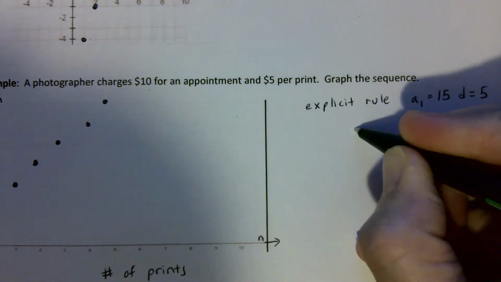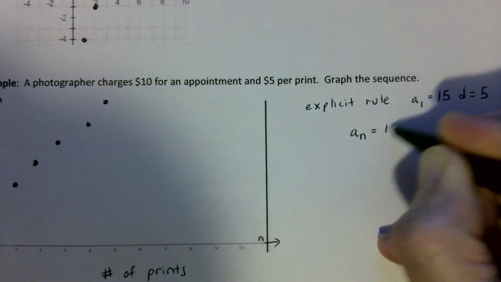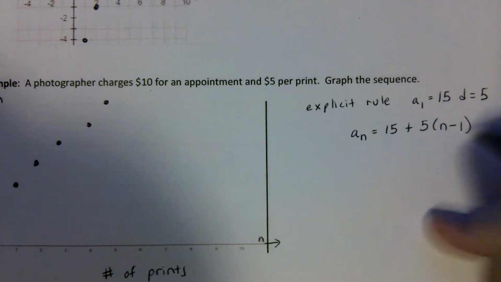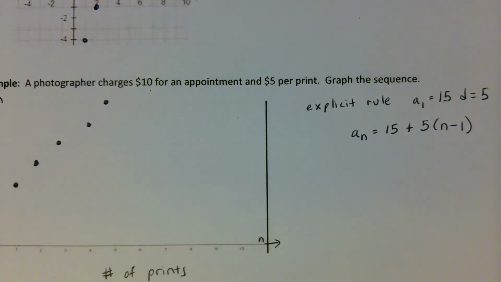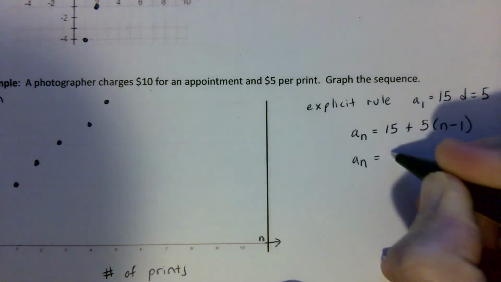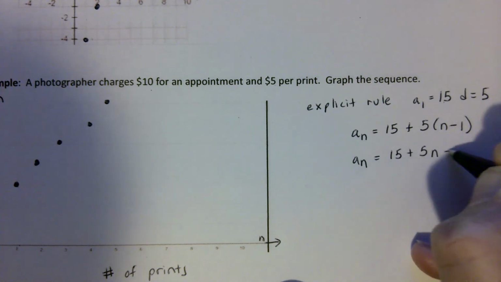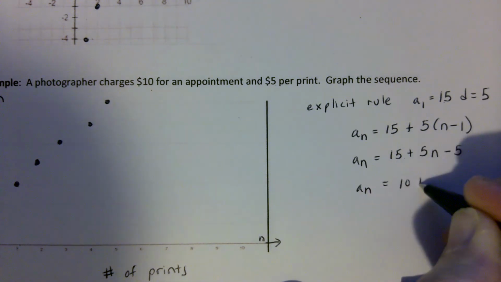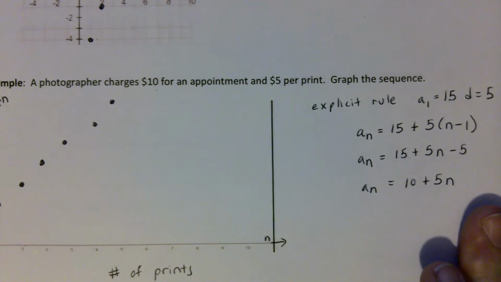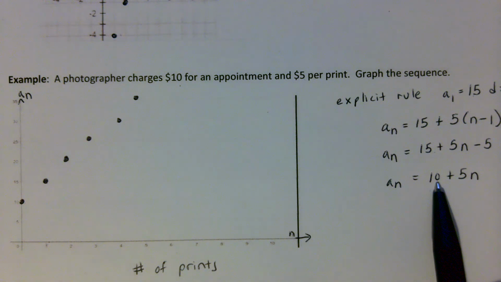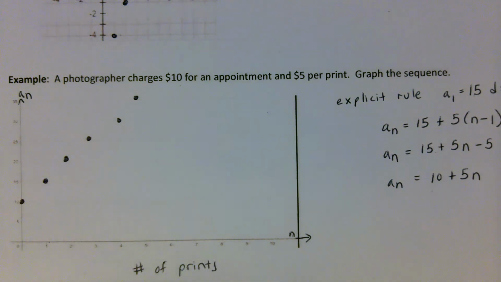So our rule, a sub n, is my first term plus my common difference times n minus 1. Remember when we simplified it in the other video? If I simplify this, I have a sub n equals 15 plus 5n minus 5. 15 minus 5 is 10, so a sub n equals 10 plus 5n. That makes sense looking at our graph because our 10 is our y-intercept, our initial amount, which is shown like this on the graph.